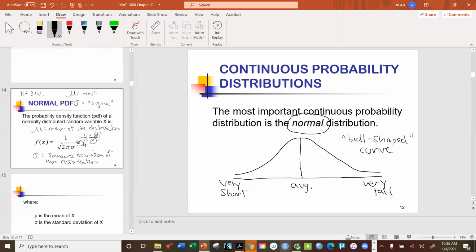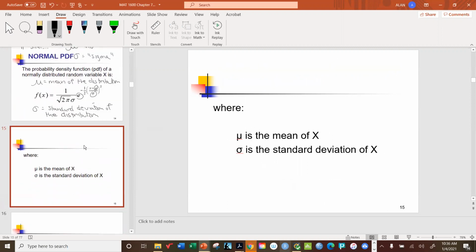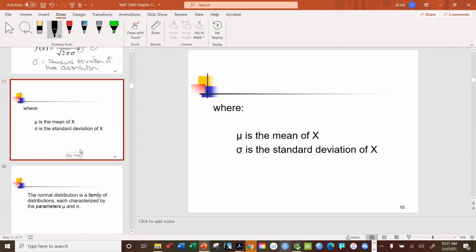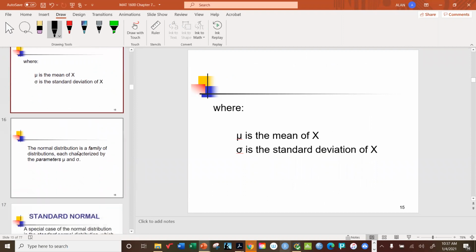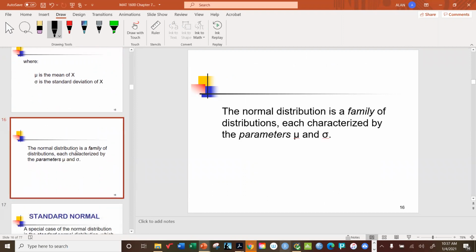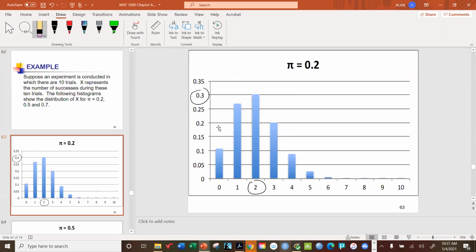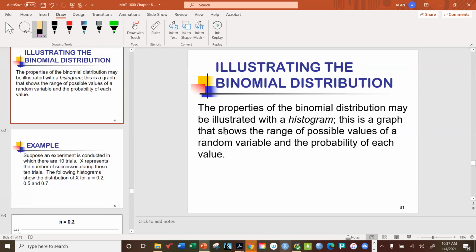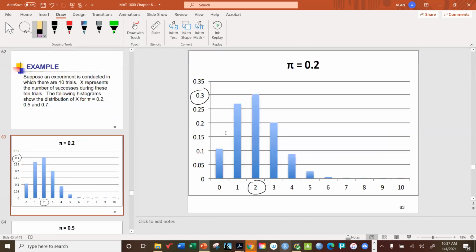Now it turns out that there's a lot of information that we can obtain from this mean and standard deviation. Just like we saw in the previous chapter, remember we're seeing how with the binomial distribution, there's an infinite number of binomial distributions, each of which has a different value for n and for pi.